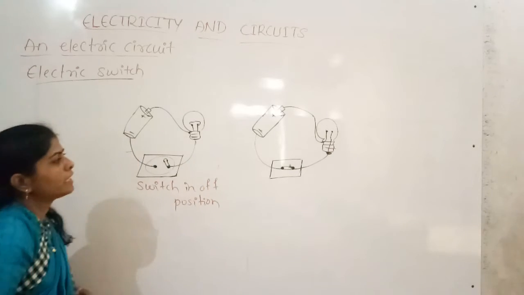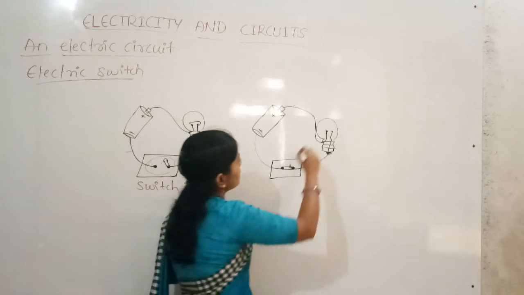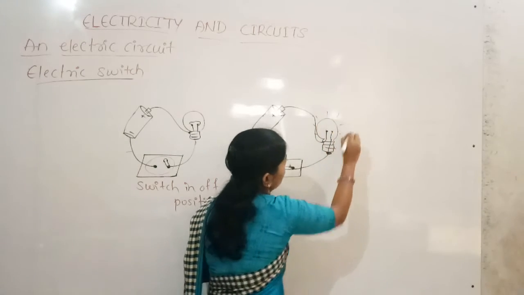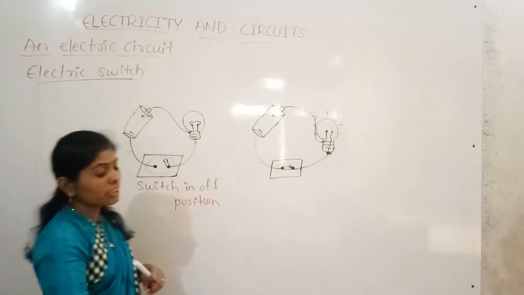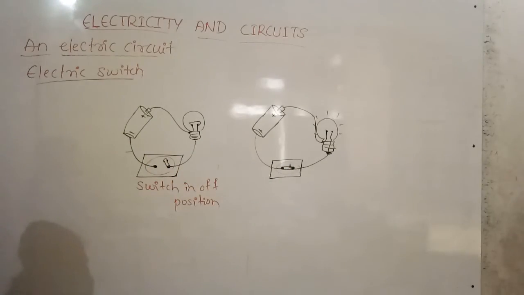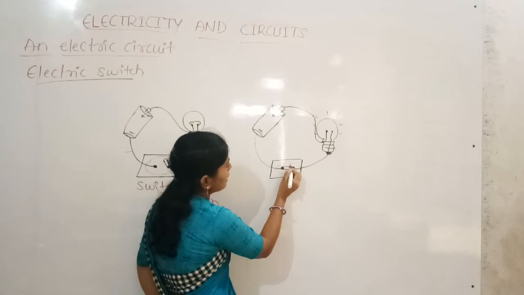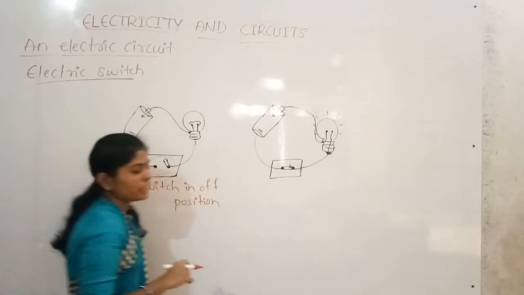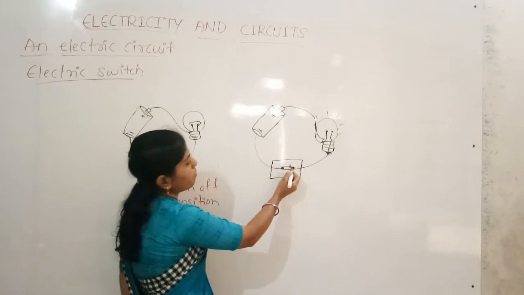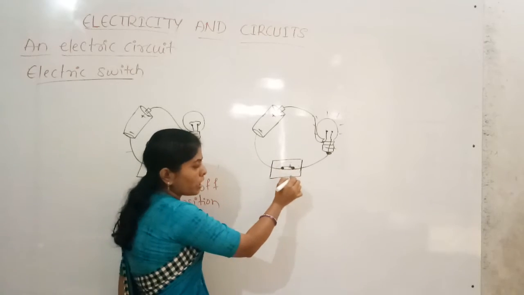So see, now the bulb will be on. In this case, the bulb will glow because the circuit is complete now. When the circuit is complete, the safety pin is connected with both the drawing pins.